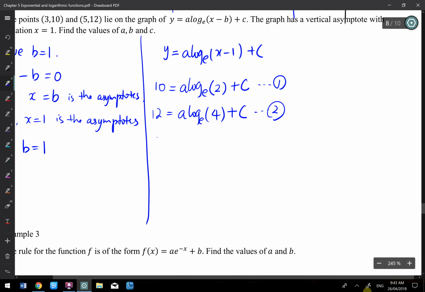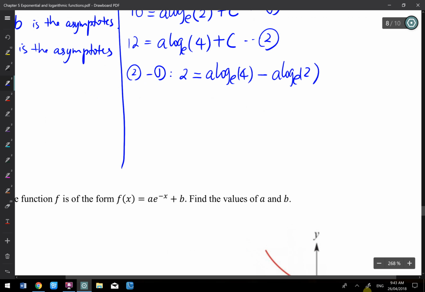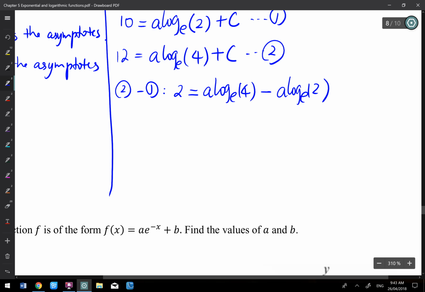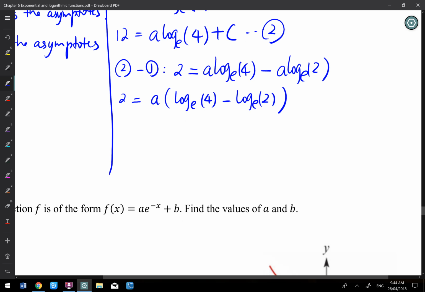So we do 2 minus 1. We have 2 on the left hand side, and we have a log e 4 minus a log e 2. The c value will just be cancelled. c minus c is 0. Further solve for it: 2 equals to a times the bracket, log e 4 minus log e 2. When you subtract logs, what will happen?